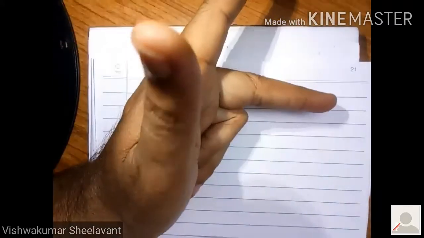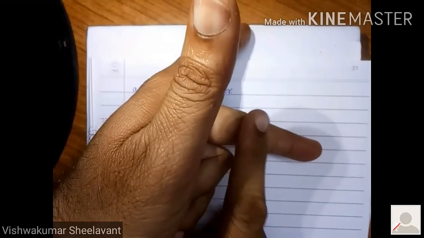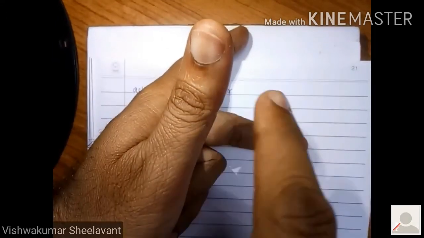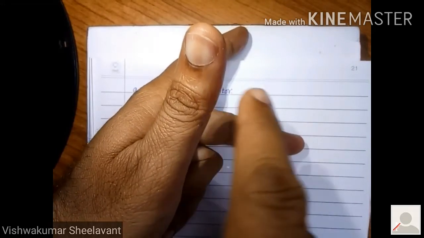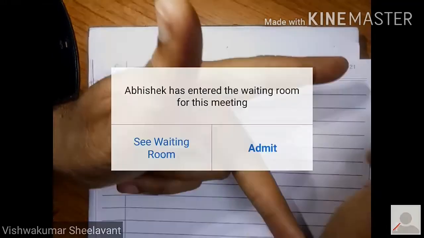It is perpendicular to the forefinger and also perpendicular to the middle finger, 90 degrees. So you have to hold these three fingers like this.